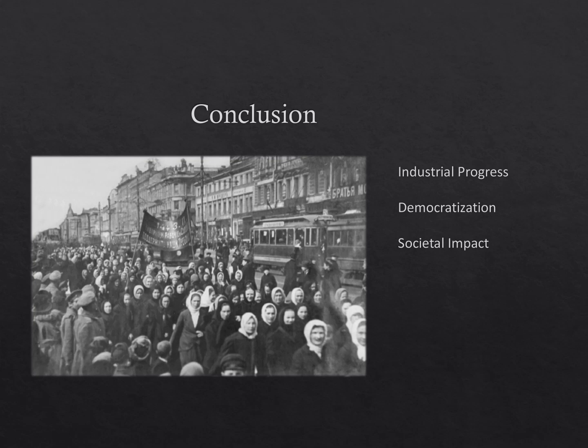The second industrialization was going to see a great change societally as well, as the middle class and the working class grew at the expense of the old nobility and even the peasantry to some degree.